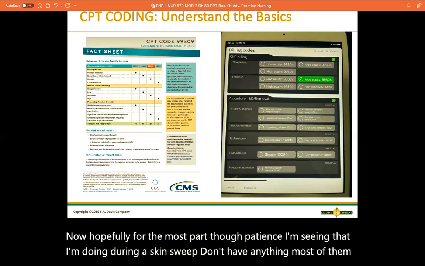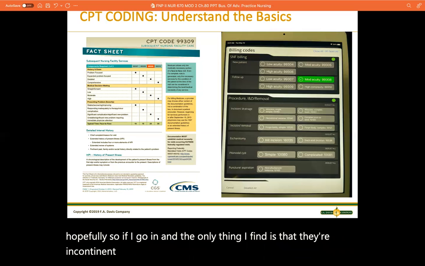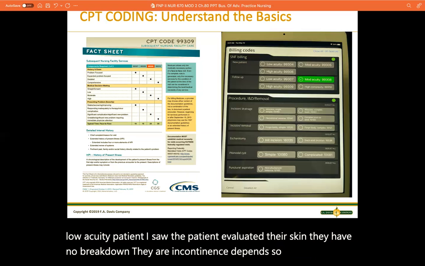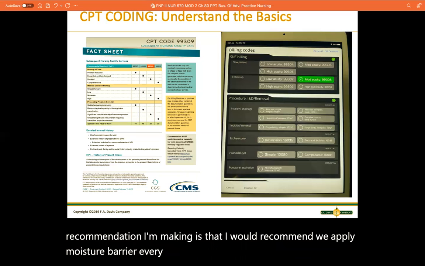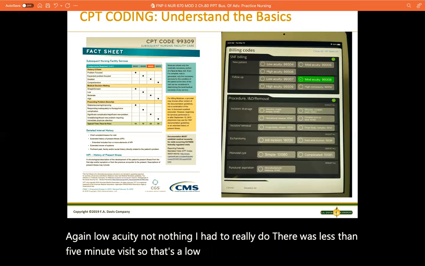So if I go in and the only thing I find is that they're incontinent and there's no skin breakdown, that for me would be a low acuity patient. I saw the patient, evaluated their skin, they have no breakdown. They are incontinence dependent. So the recommendation I'm making is that we apply moisture barrier every shift and as needed to the sacrum, right? Again, low acuity, nothing I had to really do there. It was less than a 5-minute visit. So that's a low acuity follow-up patient, 99307, okay?